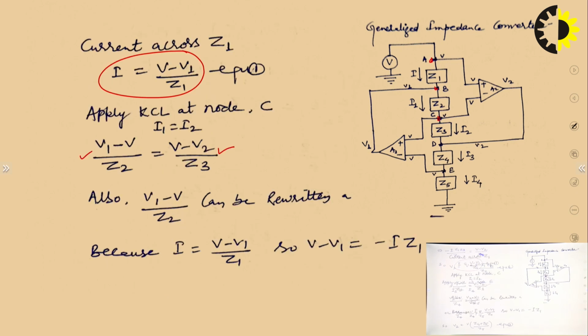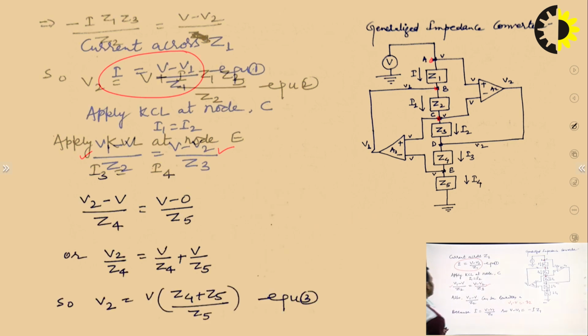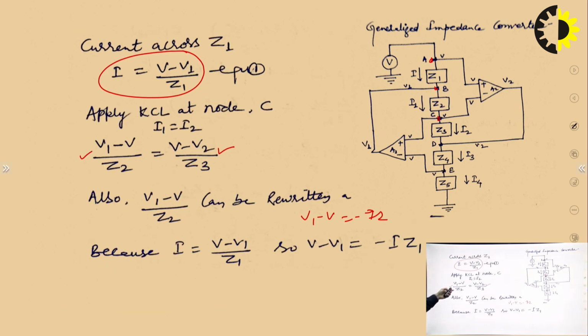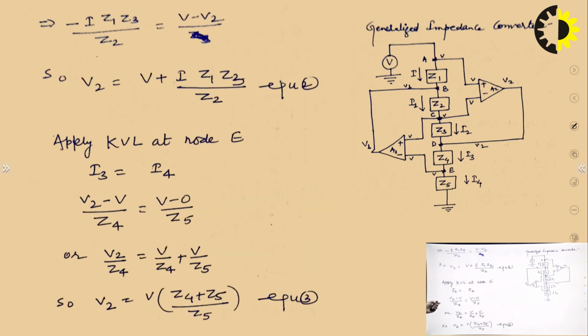So, V1 minus V is equal to I Z1. So, you can put the value of V1 minus V, that is equal to minus I Z1 upon Z2.